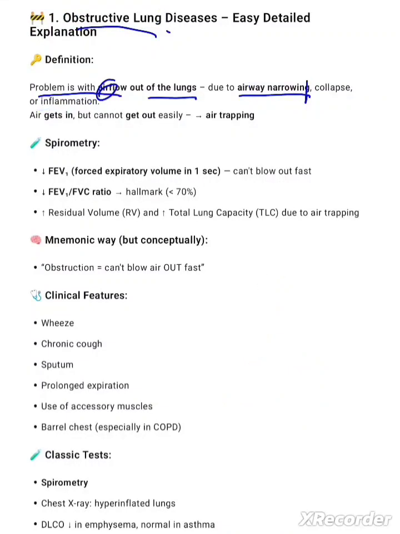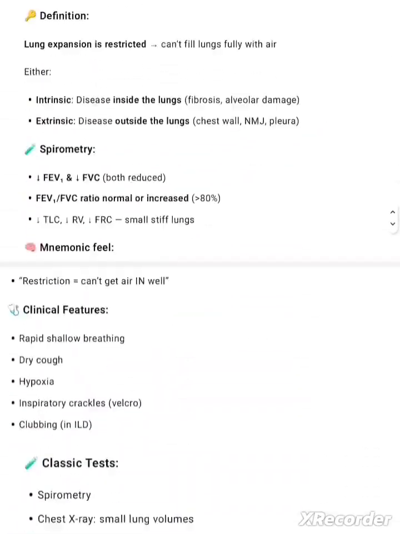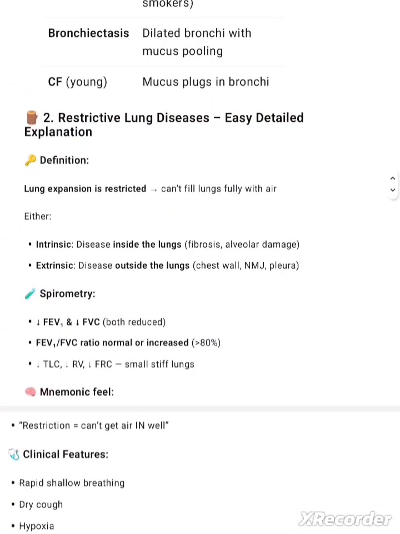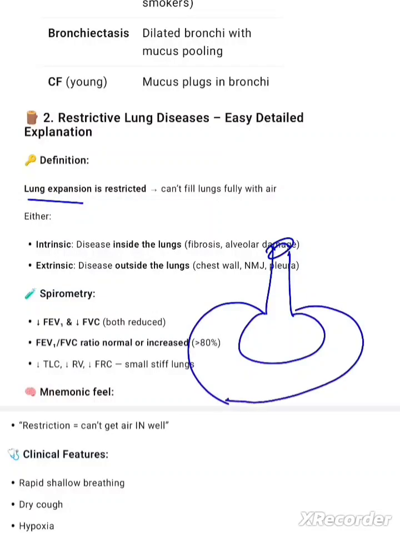But in restrictive lung disease, what happens? The main problem is the air cannot get into the lungs. Means there is a problem of lung expansion. So if this is the lungs and this is the airway, if the lung expands this much, then the air can get in easily.